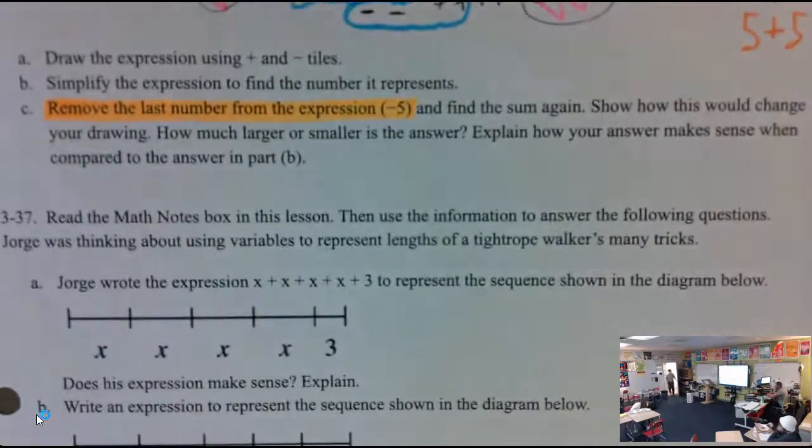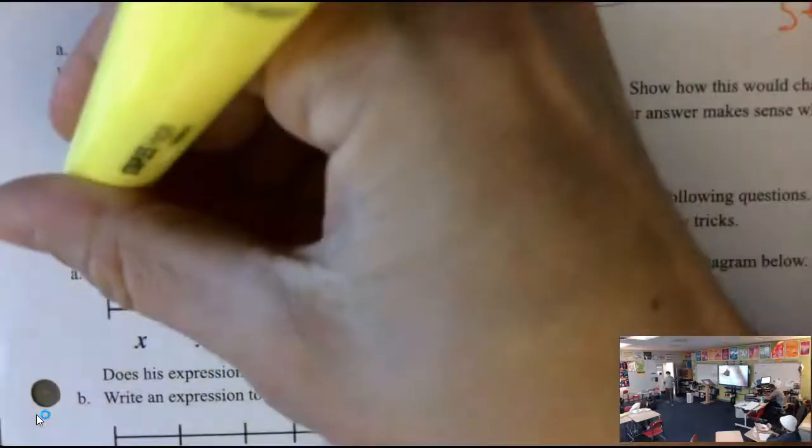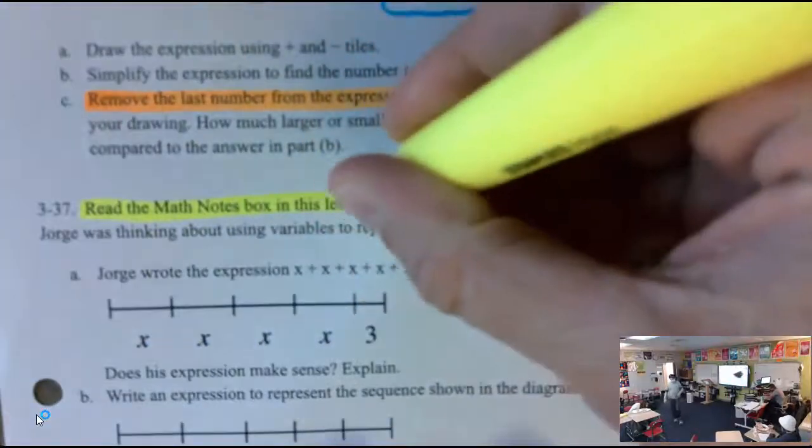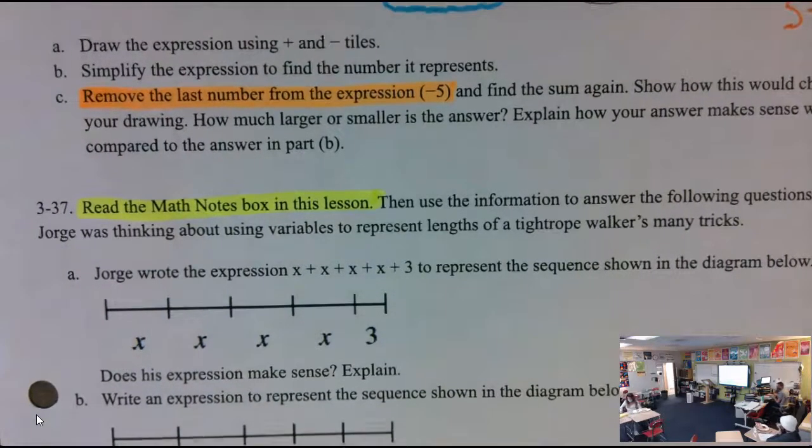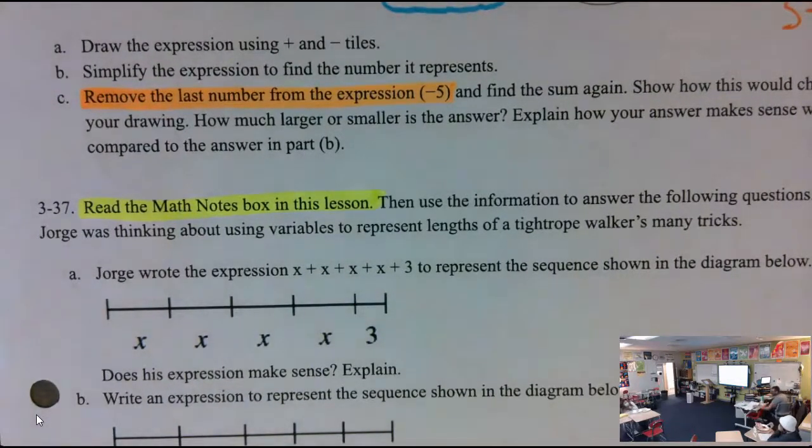Notice what this says first. Read the math notes box. So, if you don't know how to do this problem, reference the math notes box. I think I may have actually put it on 321 or something like that. Or 311 or somewhere. Or it might be on the next homework. Nope, just in the book.